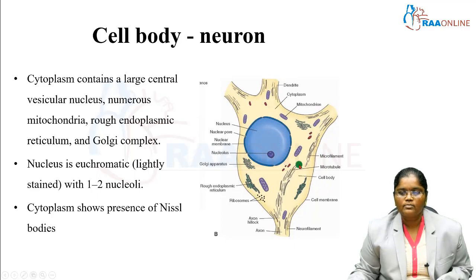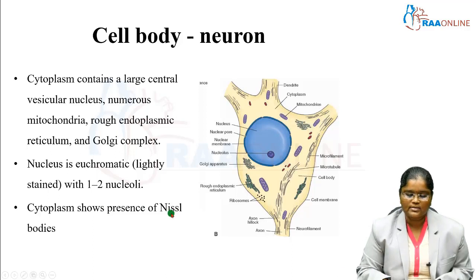The cytoplasm around the nucleus contains numerous mitochondria, which are the powerhouse of the cell, and rough endoplasmic reticulum and Golgi complex. The nucleus is euchromatic, that is lightly stained, because it is an actively multiplying cell in the body, with one or two nucleoli, and the cytoplasm shows the presence of Nissl bodies, which are a peculiar feature of the cytoplasm of neurons.